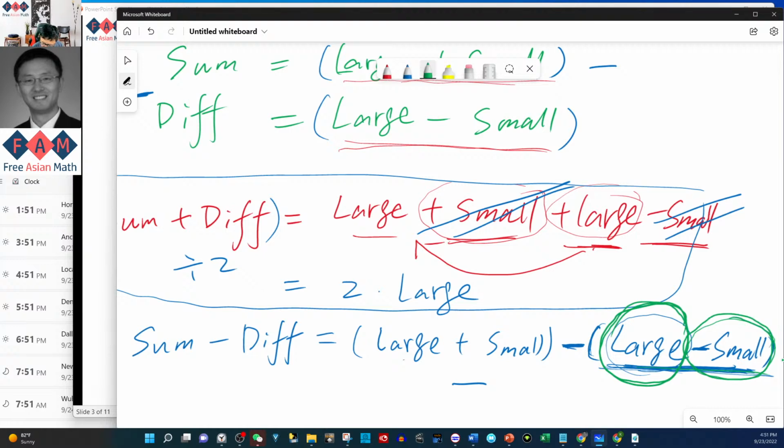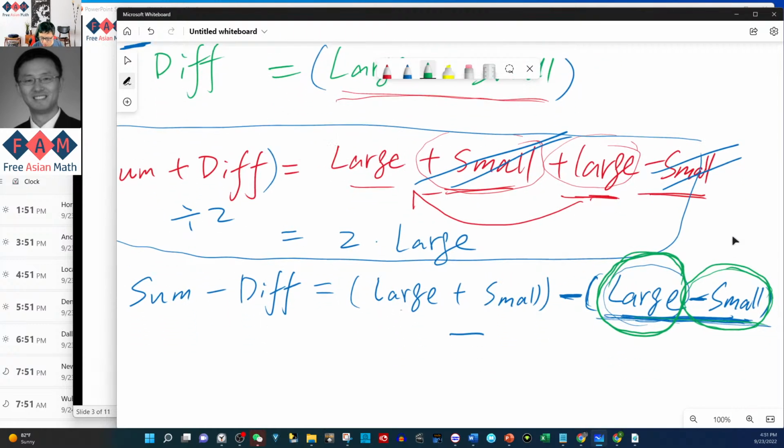Okay? So this will be actually as what we did earlier when we subtracting that difference. We got 2 copies of the small. So this will be equal to subtracting the large, then add back that small, which is right here.